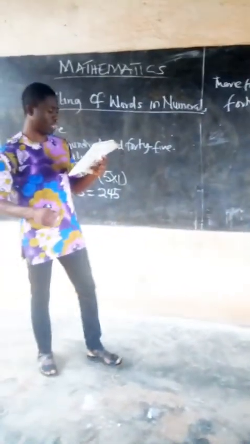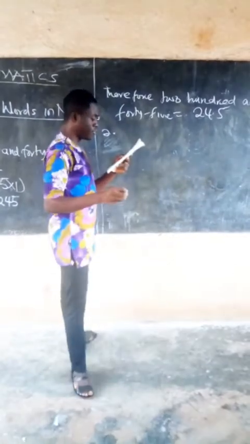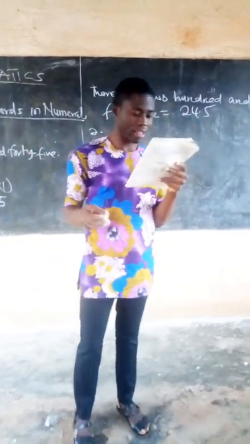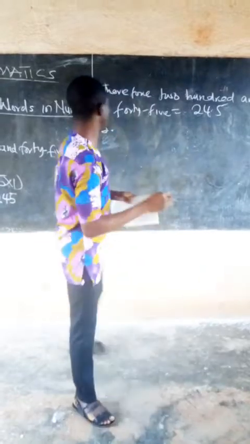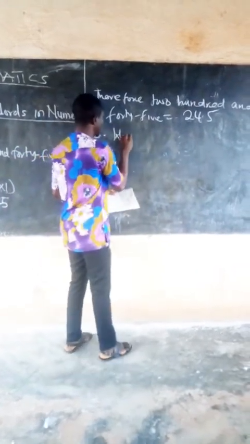We are moving to the second example. Example 2. Write 15,208 in numerals. We should write 15,208 in numerals.